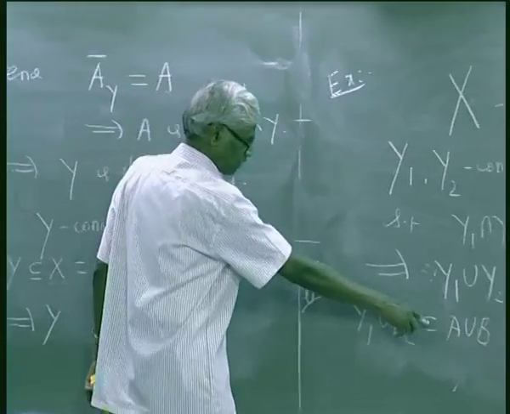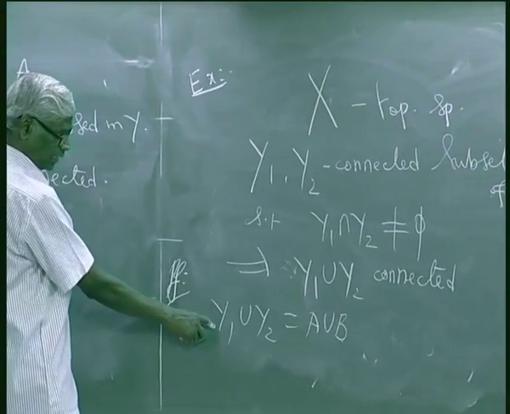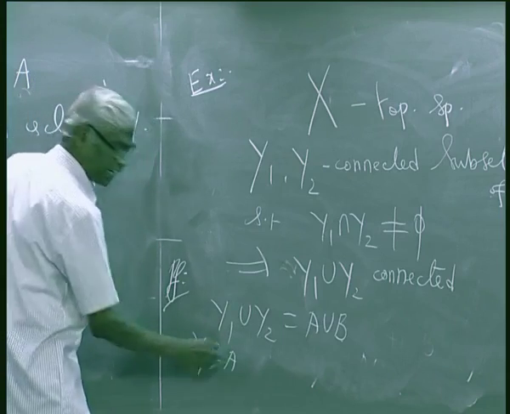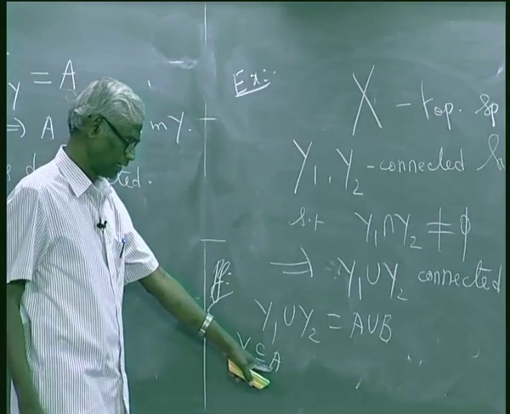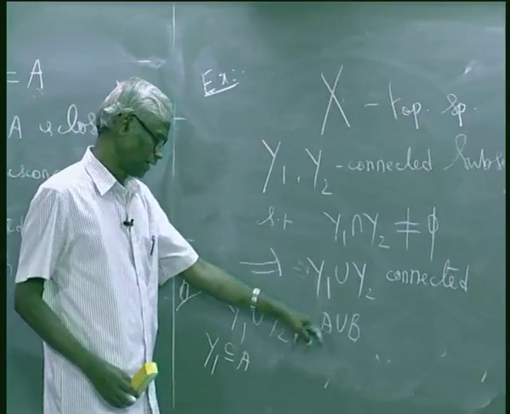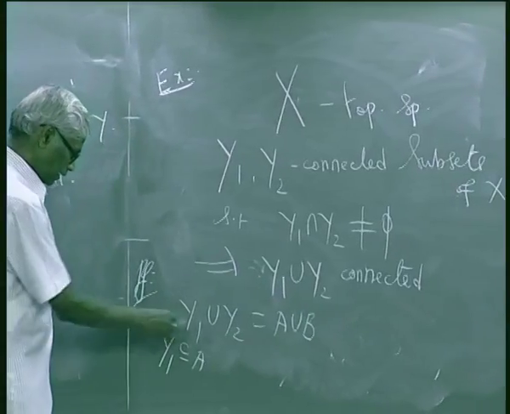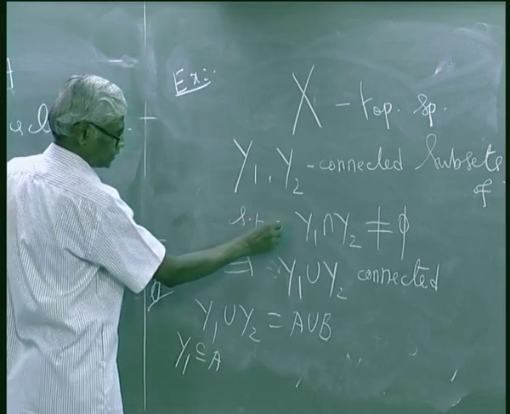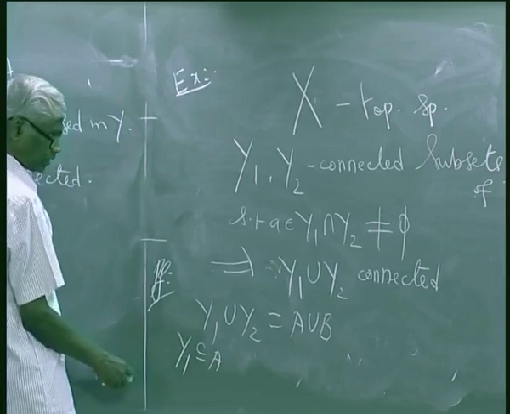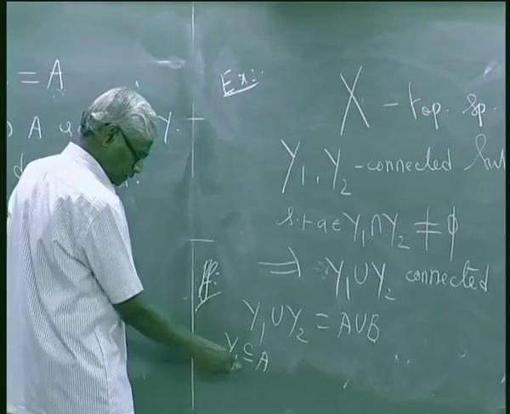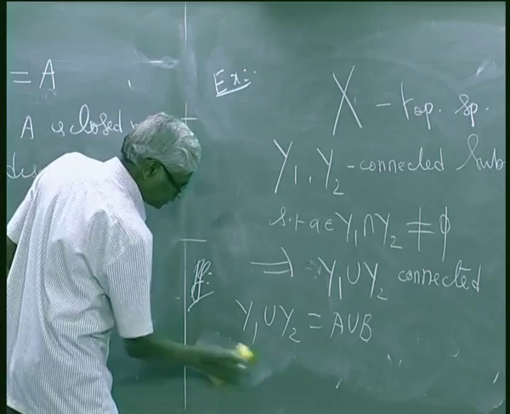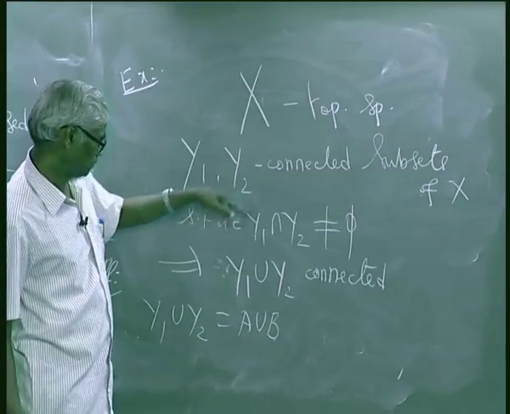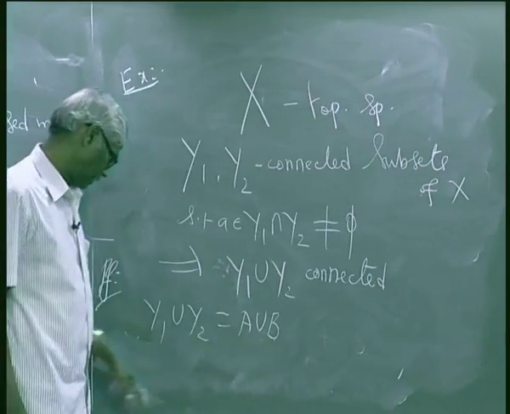Now Y1 connected implies Y1 is contained in A or B. Suppose Y1 is contained in A. Similarly Y2 is contained in A or B, but it cannot happen that they lie in different sets, since we have a common point.